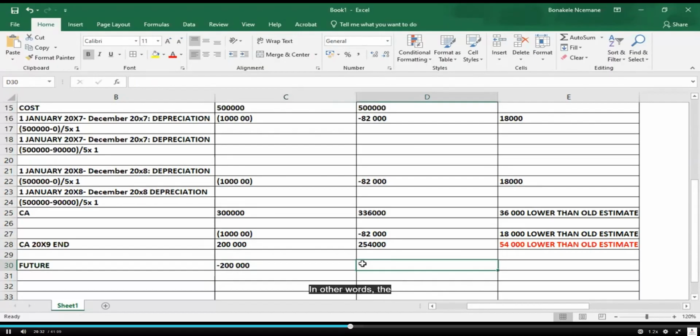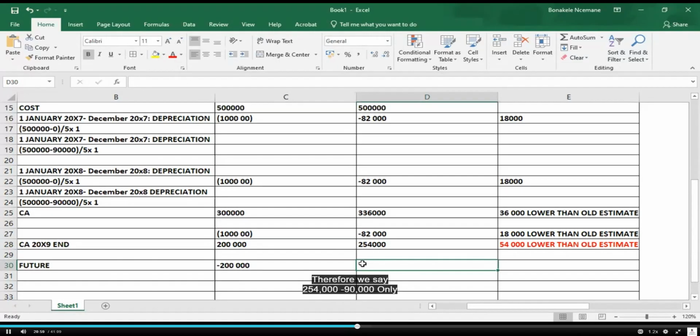In other words, the residual value is what we expect this machinery to be worth at the end of its useful life, less cost to sell, the 90,000. So that 90,000, we don't expect it to be consumed through depreciation. So it should not be part of the depreciable amount. In other words, it will not have a future depreciable effect.